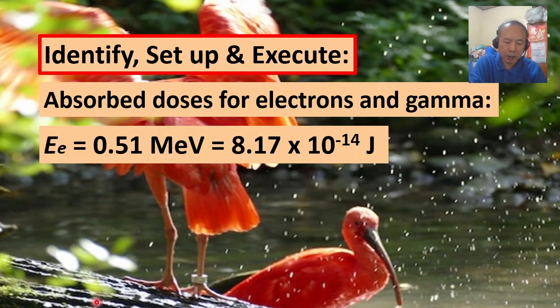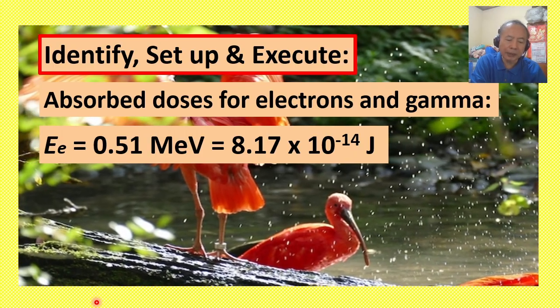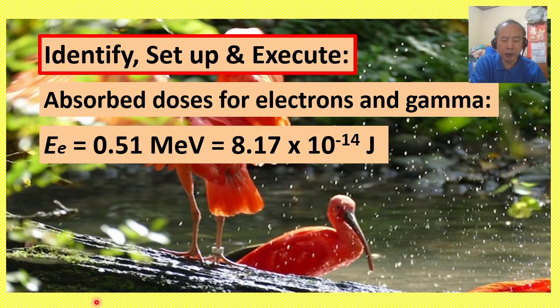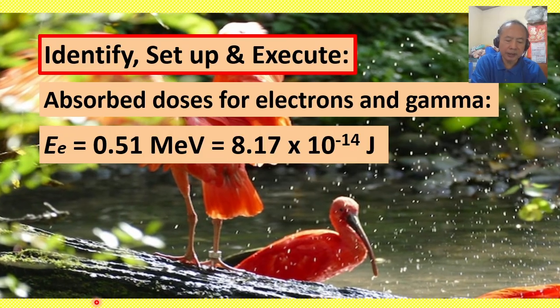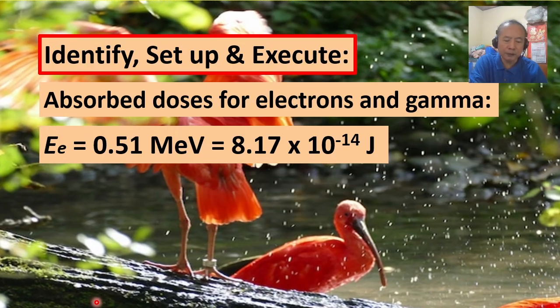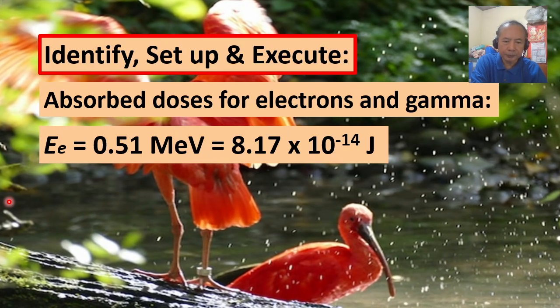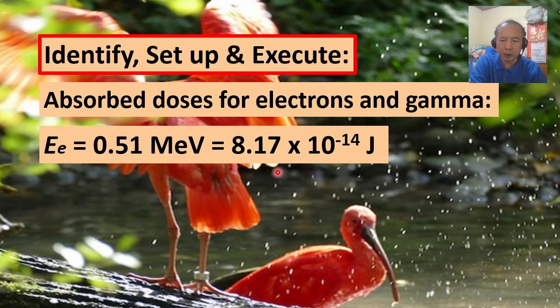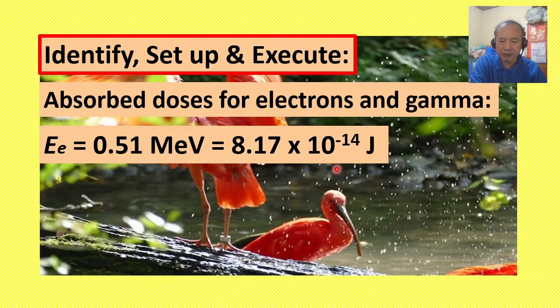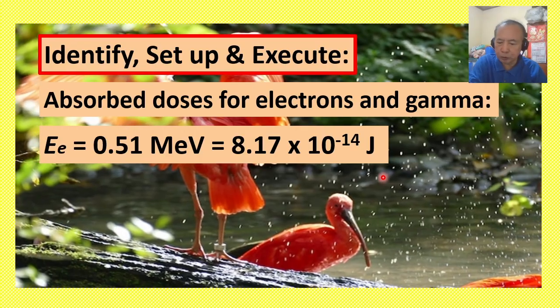And so for beta minus or electrons, the energy release when converted to joules is equal to 8.17 times 10 raised to the negative 14 joules.